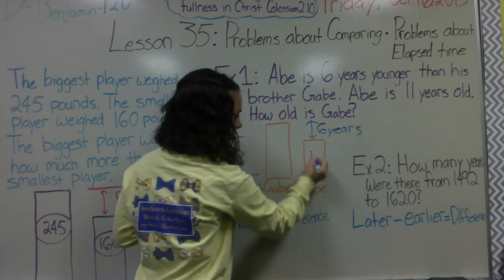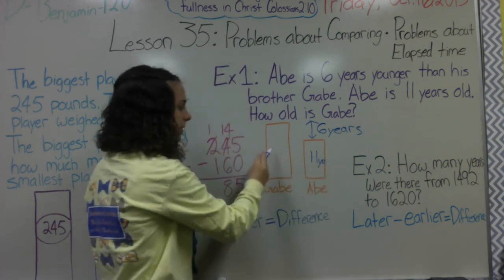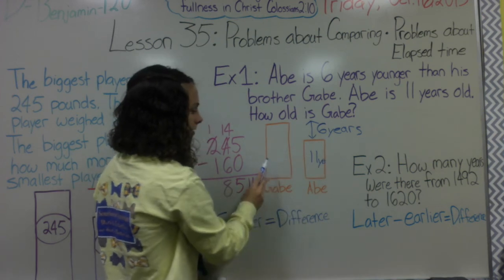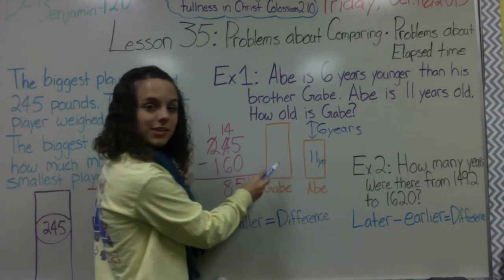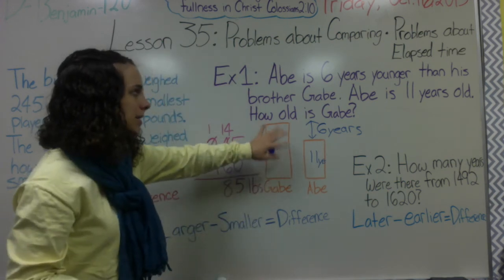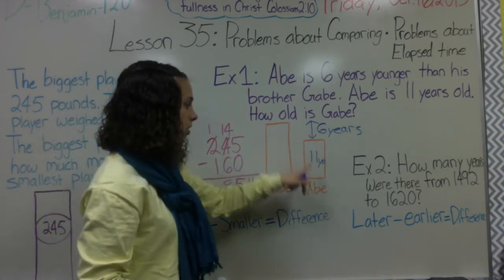And Abe is 11 years old. So, since I have, right here, I don't know how old the oldest brother is, Gabe. That's my missing number in a subtraction problem, so I am going to actually need to add in order to solve for this.